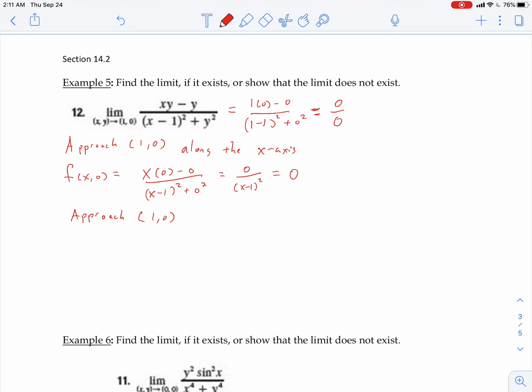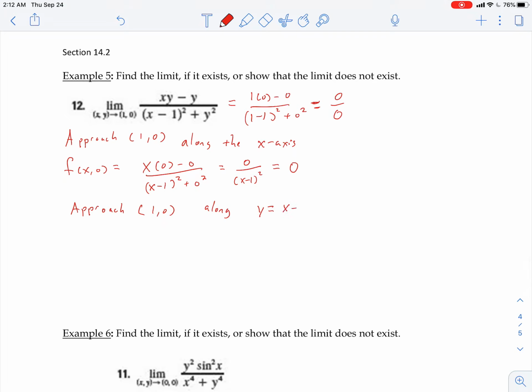So we have to figure out a different pathway. Is there a line that will cross that point? Yeah. So we're going to approach 1, 0 along the pathway y equals x minus 1. That's just a line that goes through that point.